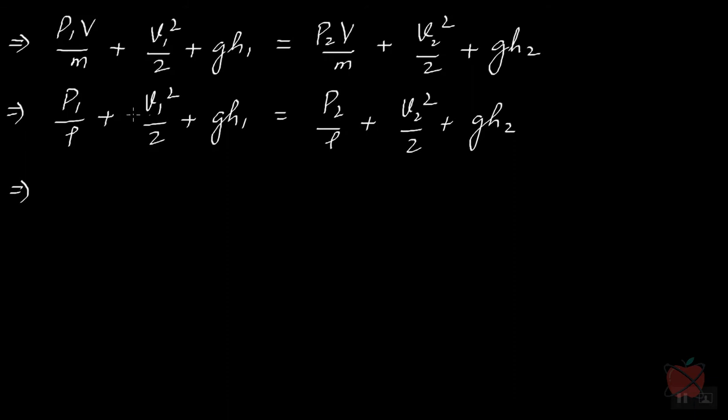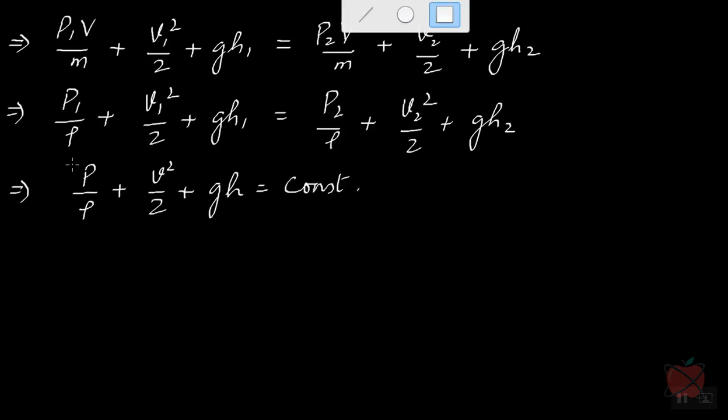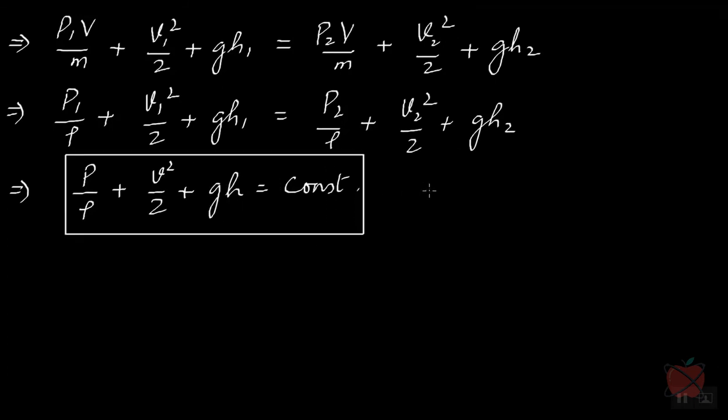The only thing different are the subscripts, 1 here and 2 here. So if you write like this, P by rho plus V square by 2 plus GH is constant. And that is the proof of the Bernoulli's theorem.